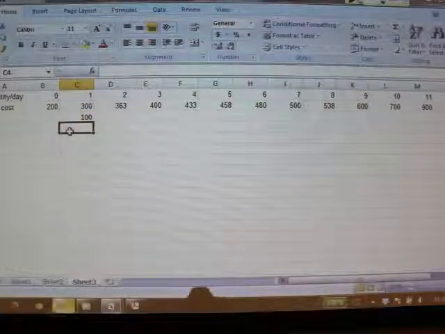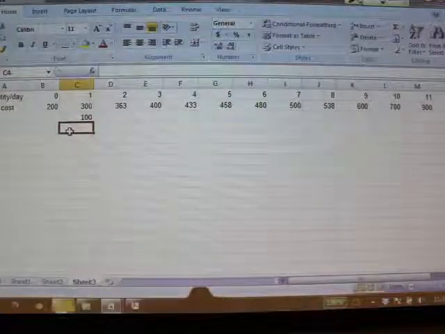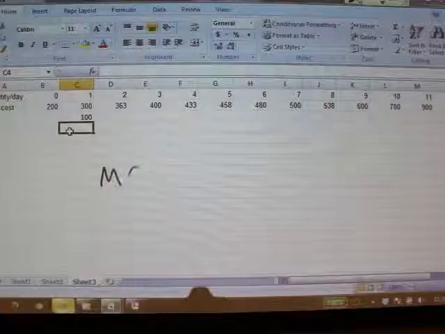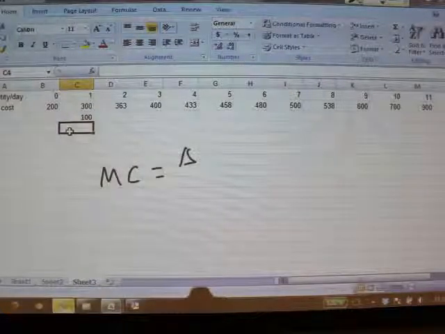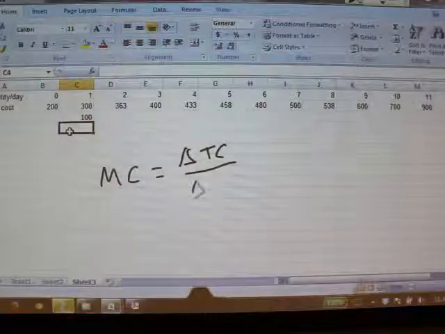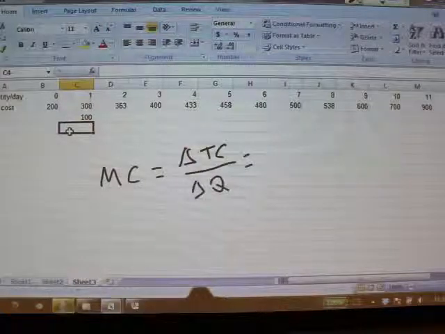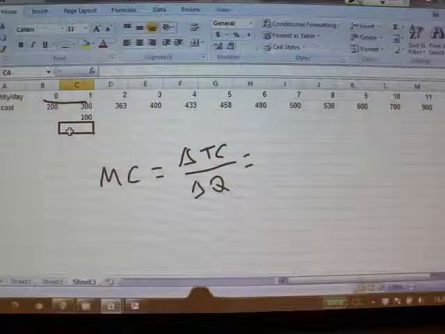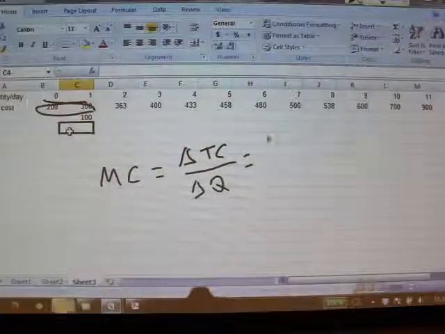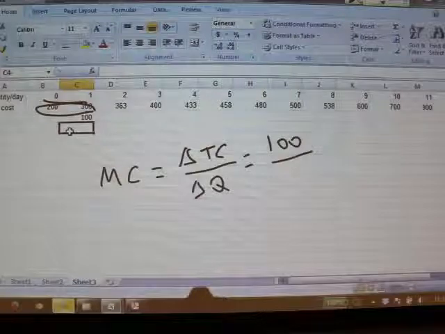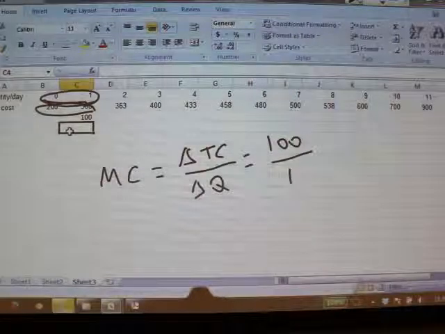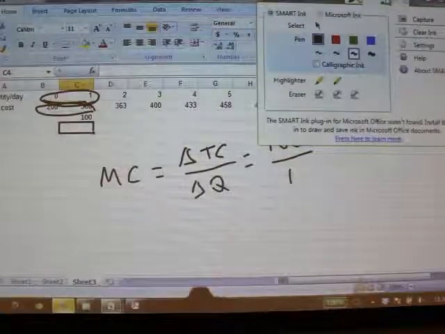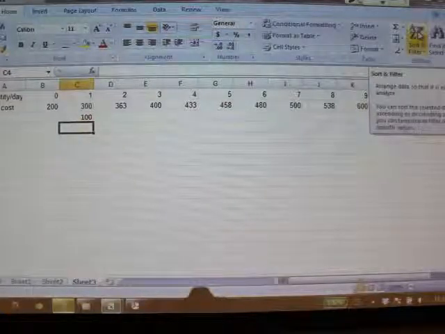So why is marginal cost 100, and what was that code that I just typed in? Remember, the formula for marginal cost is change in total cost over change in Q. When we go from 0 to 1, the change in total cost is 100 and the change in Q is 1. So the code that I just typed in calculated 100 for us.